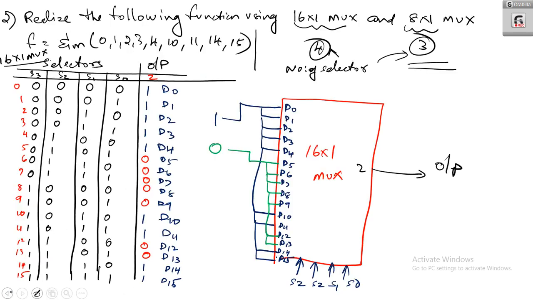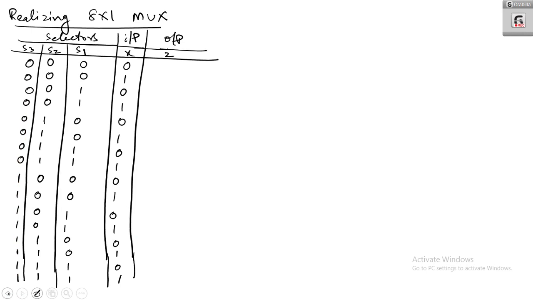Compared with the 16 by 1 mux, I am taking one selector switch, that is S0, and making it an input to the 8 by 1 mux. That is the idea over here.